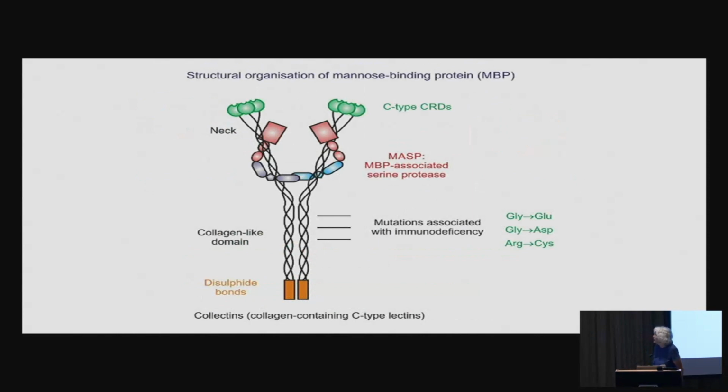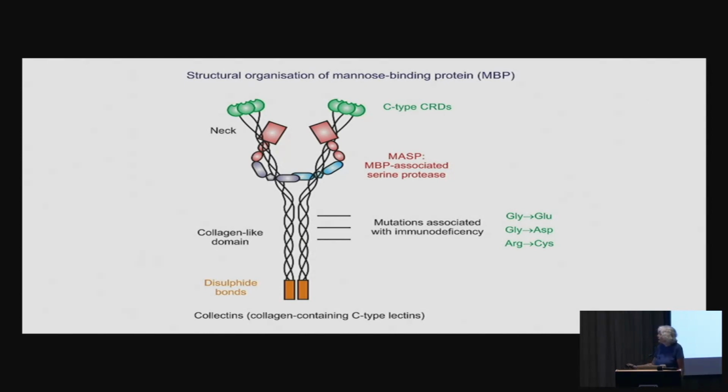And so this is what the mannose binding protein looks like. It has the C-terminal C-type CRDs which bind mannose, and a collagen-like domain, which allows it to associate first into trimers through a typical triple helix, and then into higher oligomers, and the associated serum proteases bind here.